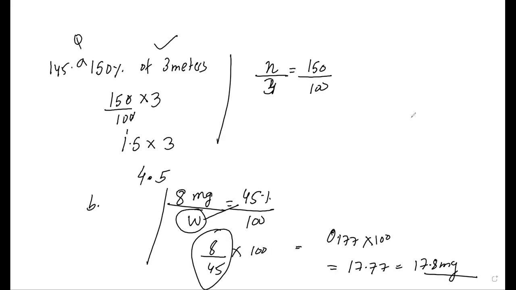Sorry. Because you told me 8 over 45 is 0.177.